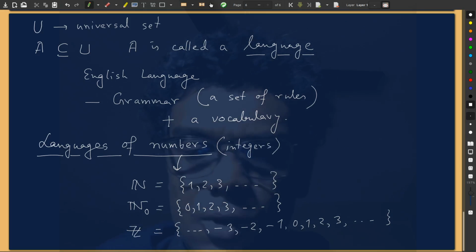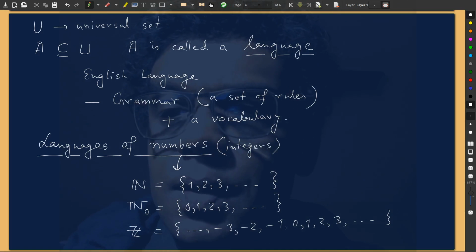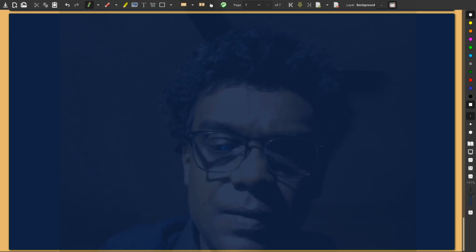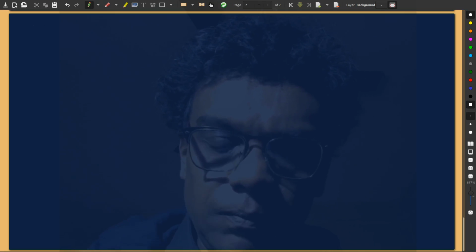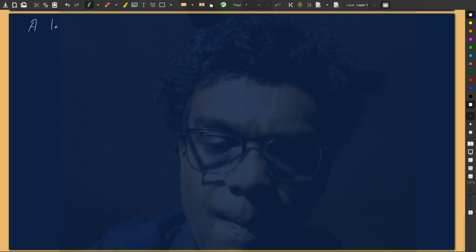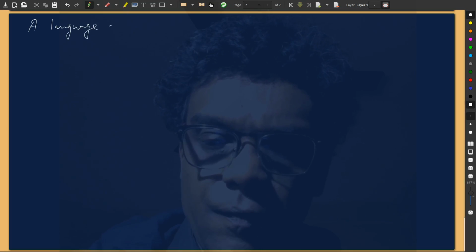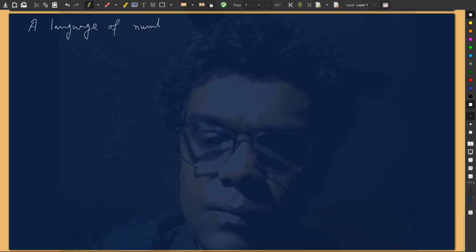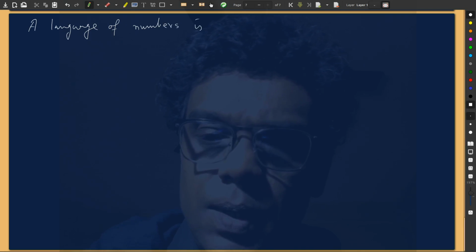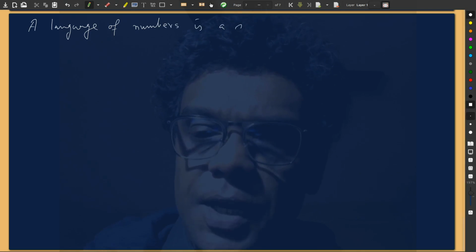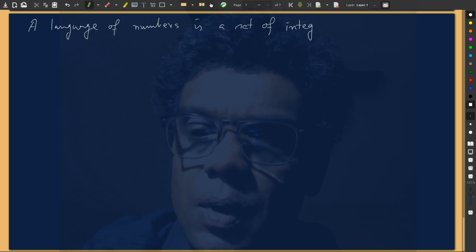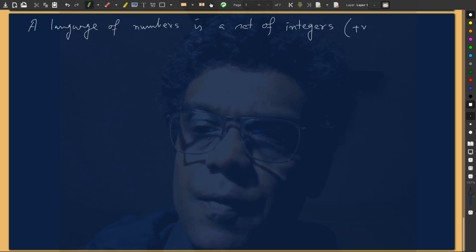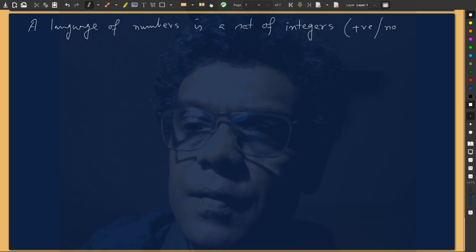Okay, so given this, we see that a language of numbers is a set of integers, maybe positive, non-negative, things like that.